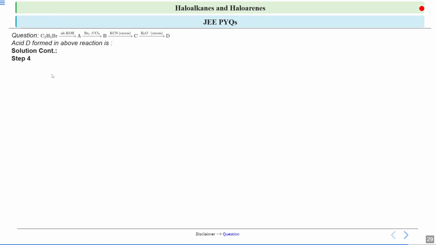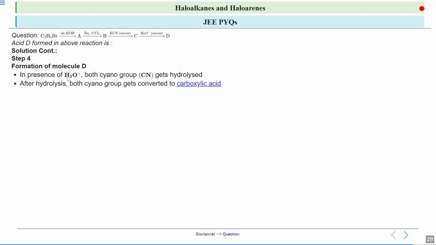In step 4, we are getting the molecule D. In the presence of excess H3O+, both cyano groups of the C molecule get hydrolyzed, and after hydrolysis both convert to carboxylic acid, COOH.